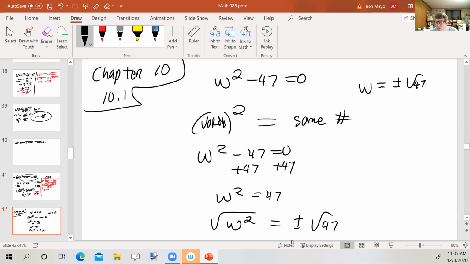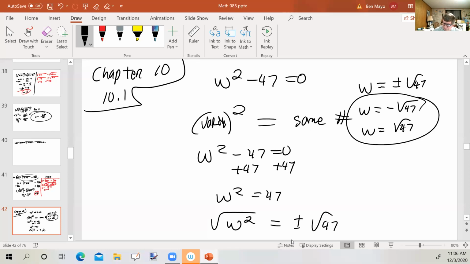One, I can't simplify the square root of 47. If I could, I would. WebAssign, I don't think has a way to put in a plus or minus. So you're going to have w equals negative the square root of 47, w equals the square root of 47. Okay, so you're going to write those answers separately. It may even have you do it like separating them with a comma, but it doesn't have that plus minus ability.